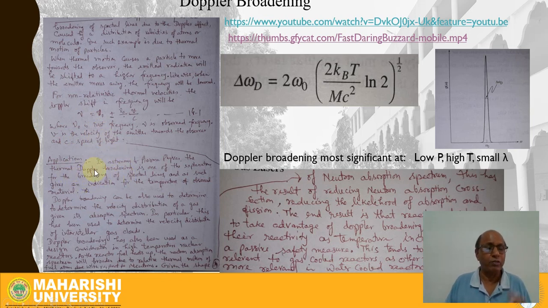Now, as far as the application is concerned, I will just read it for you. In astronomy and plasma physics, thermal Doppler broadening is one of the explanations for the broadening of spectral lines, and as such gives an indication of the temperature of the observed material.